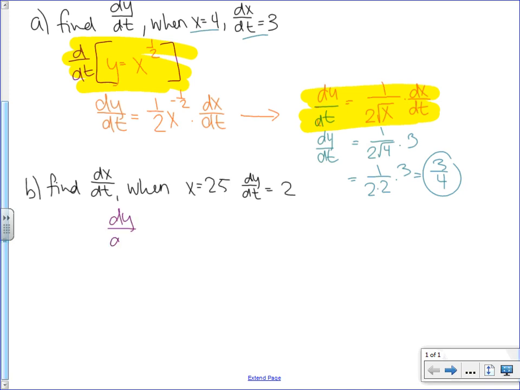All right, so we have dy/dt is equal to 1/2 times the square root of x, times dx/dt. And now we can plug in x is 25, dy/dt is 2, and I want dx/dt.